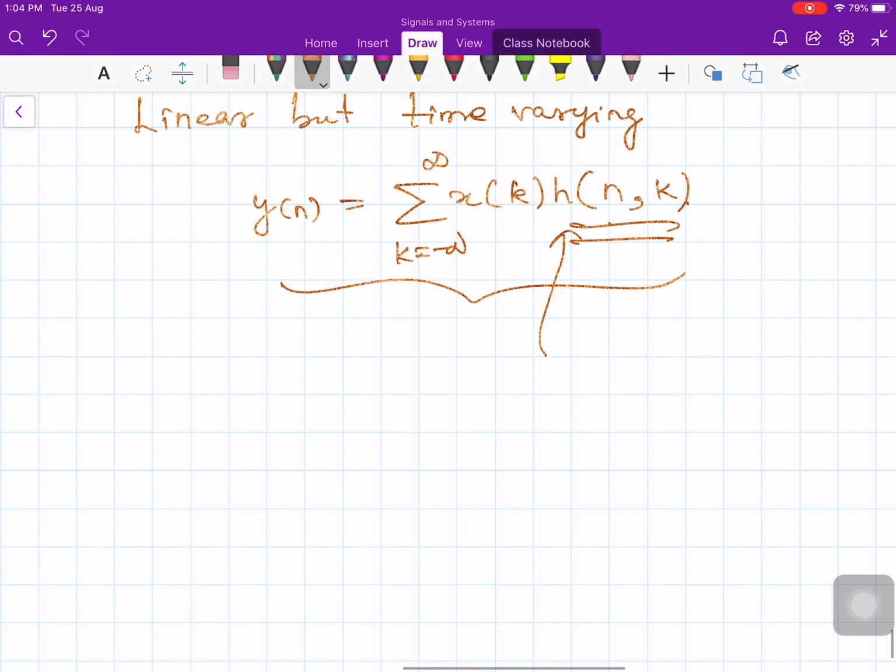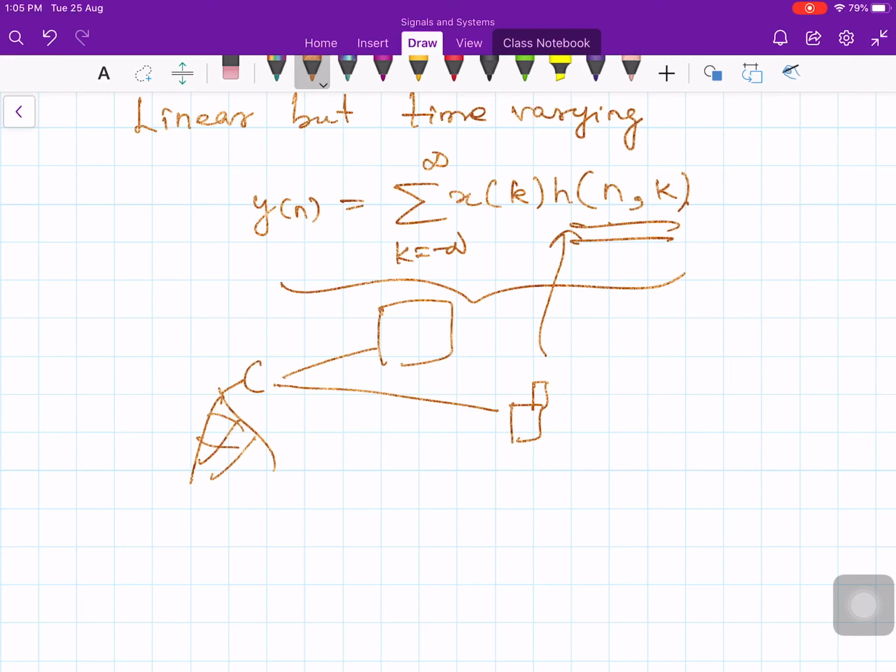Because you have a mobile phone tower with an antenna that transmits the signal. Either the signal comes directly to you, or it falls on some building and gets reflected to you, or it falls on some moving car and again comes to you, or it falls on some trees and again comes to you. Therefore the objects surrounding you are changing, or you yourself are moving somewhere else. Therefore the channel is changing.